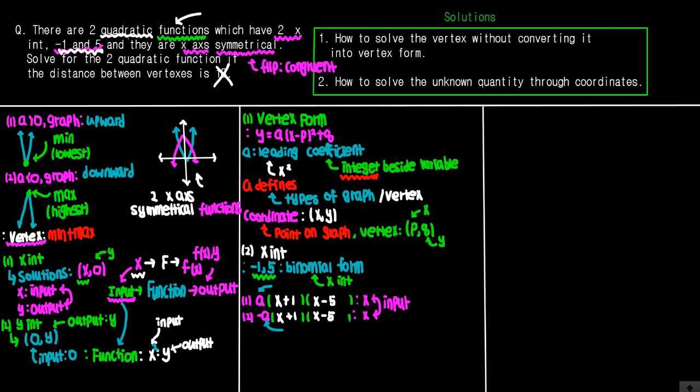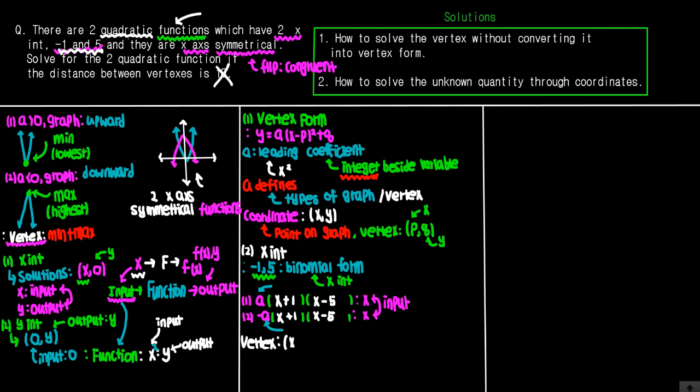Now, we're just trying to solve for x comma y, which is going to be our vertex coordinate. So, let's read this at first. How to solve the vertex in our binomial form.